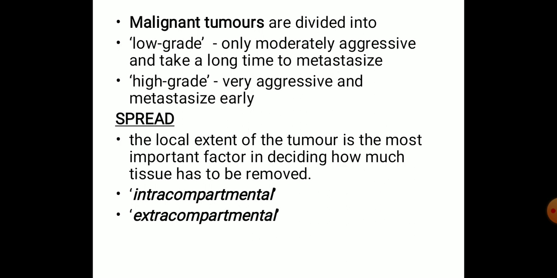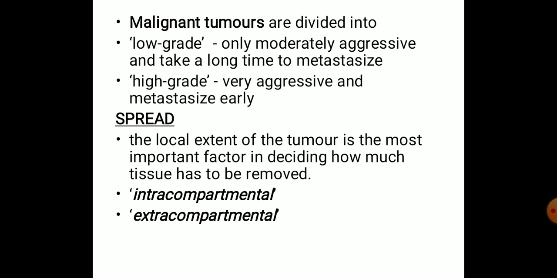So next is spread. How is this spread, whether it is intracompartmental or extracompartmental. So the local extent of tumor is the most important factor in deciding how much tissue has to be removed. If it is an intracompartmental growth, we have to remove a small portion of this particular growth, and if it is an extracompartmental growth, we have to go for excision of that whole area.